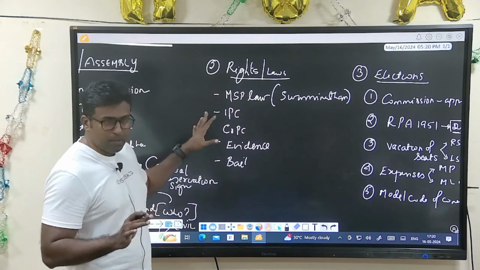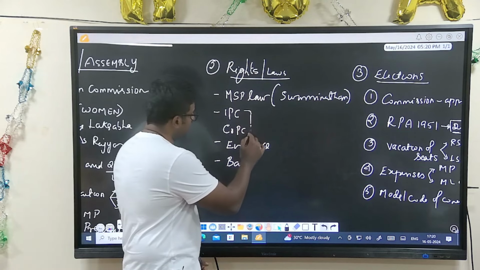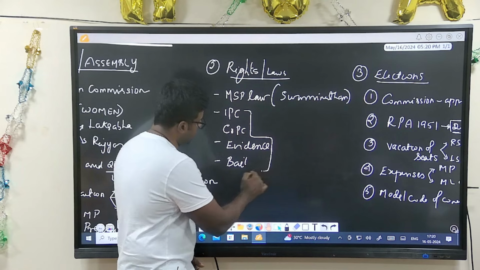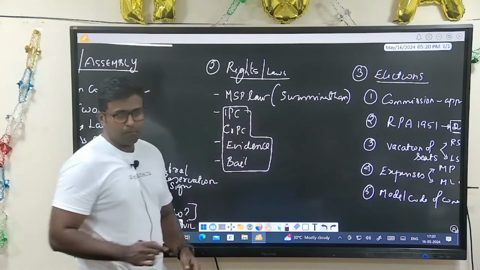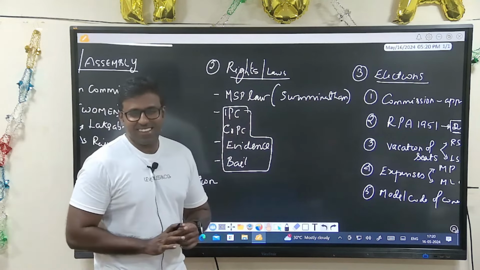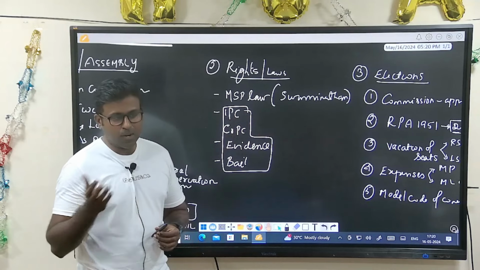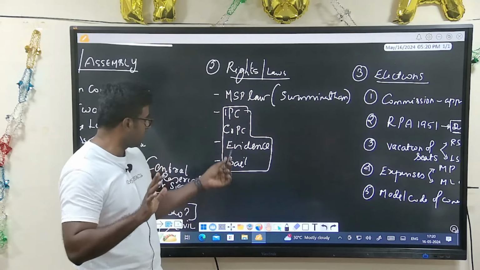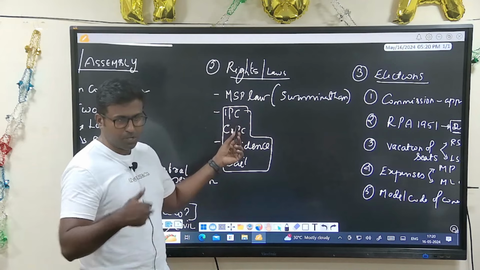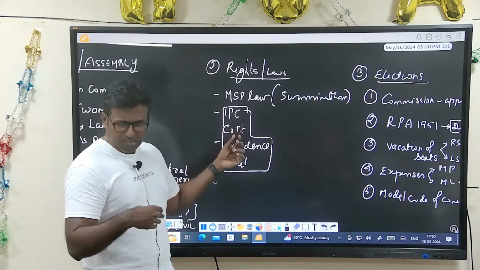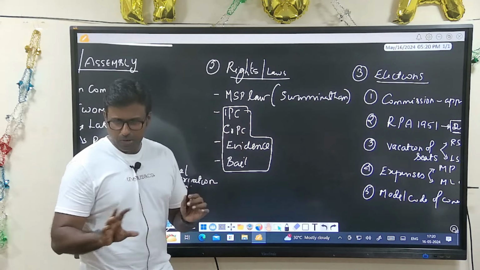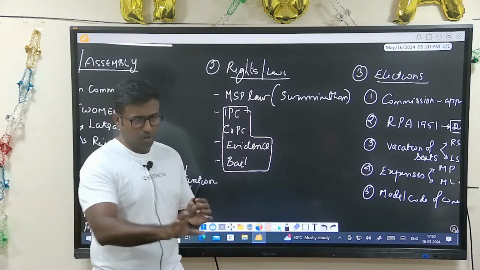Okay. Then the point is that this IPC, CRPC, evidence, bail, jail. Please check what are the meanings of all these things. They have introduced a new thing, but please check in terms of the overall contours of what is the meaning of it.